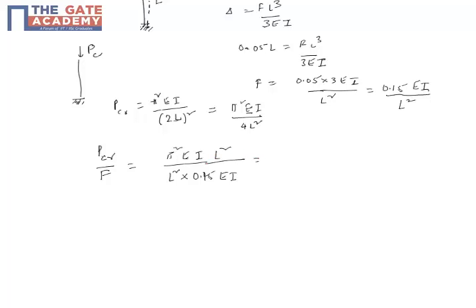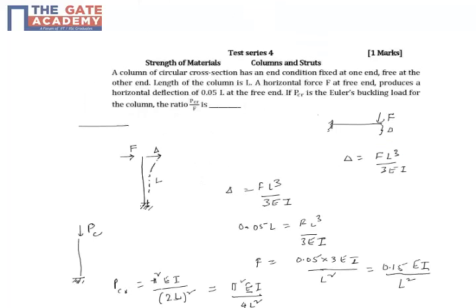The EI and L square cancel, so it's pi square by 4 into 0.15, which is pi square by 0.6. When I multiply it, I get 16.44. So this ratio is about 16.44.